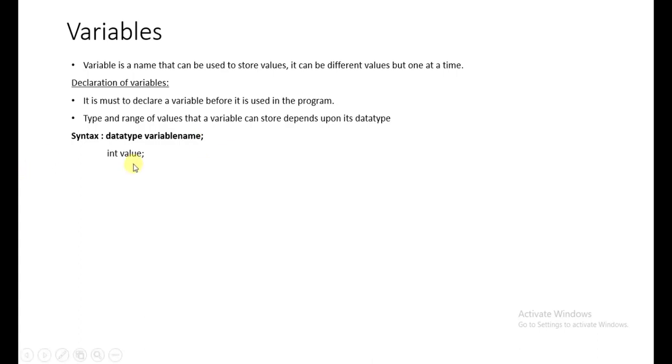For example, if I want to declare a variable to store an integer value, then the data type should be int and then the variable name. Here I have given value as a variable name. We can also give names like a, i, j. Always make sure the variable name you give has some meaning, because in a real-time project you will have thousands of variables.